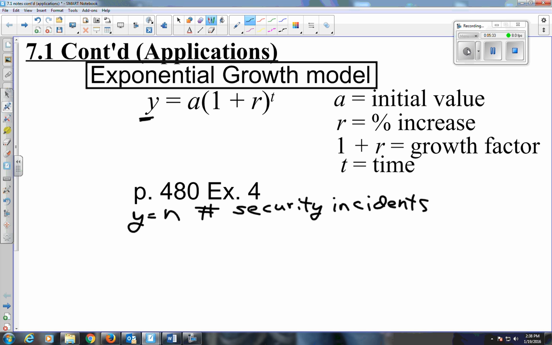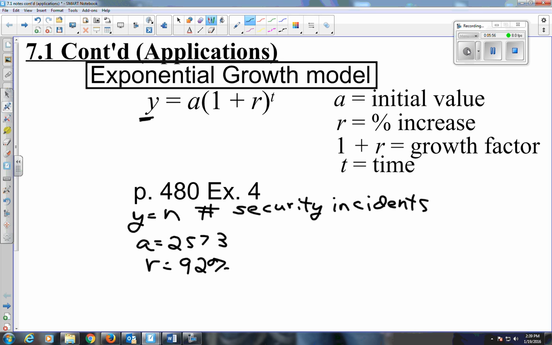Okay, what was my initial value? 2573. That's how many we started with. What's my r going to be? 92%. So I have r equals 92%.